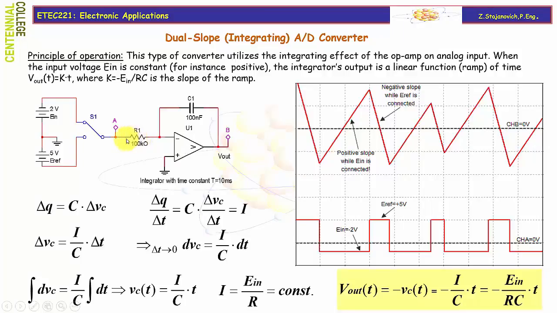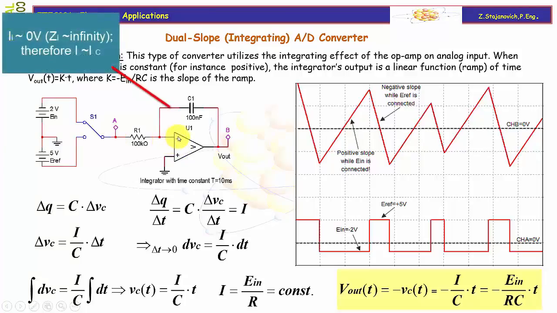So it's justifiable to assume that for a very short time it will be a constant voltage. Secondly, if you remember, the current that flows into the op-amp is very, very small due to extremely high input impedance. That means that the current I that flows through R1 will flow through capacitor C1, making a voltage drop Vc across it.